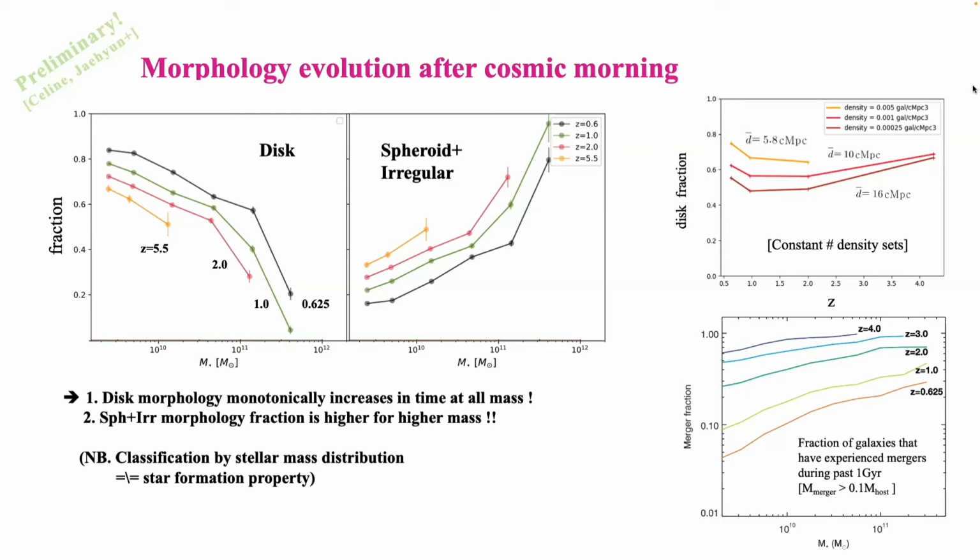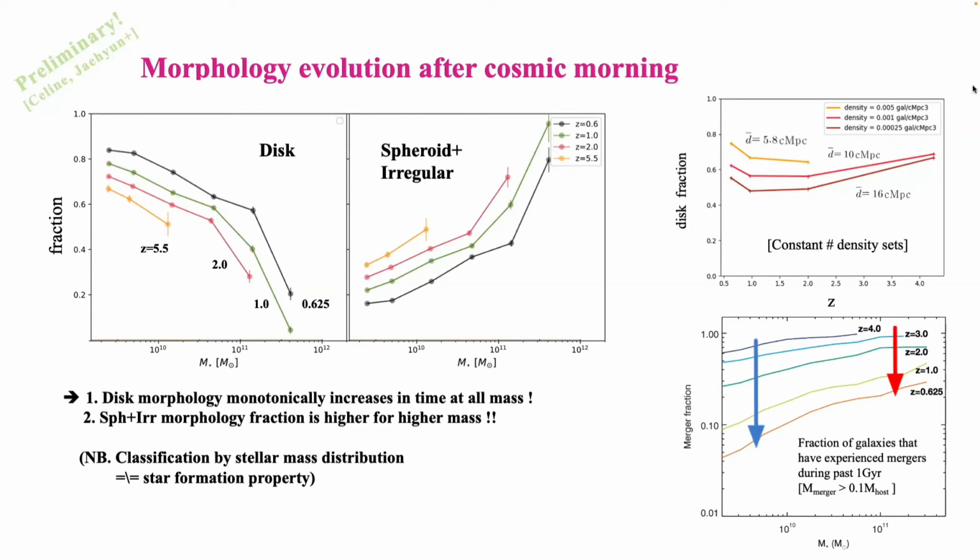And we think this is probably because of the decrease of the merger rate. In this plot, the y-axis is the fraction of galaxies that have ever experienced a major merger during the past 1 gigayear. At high redshift, almost all galaxies above maybe 10^10 solar mass experience a merger during the past 1 gigayear. But at redshift 0.6, that drops by almost an order of magnitude.